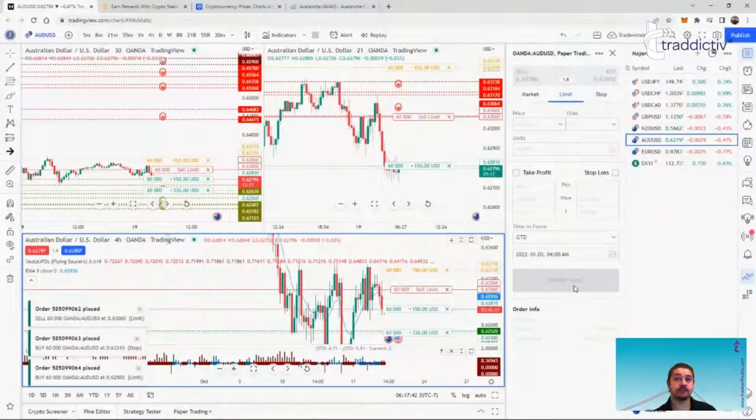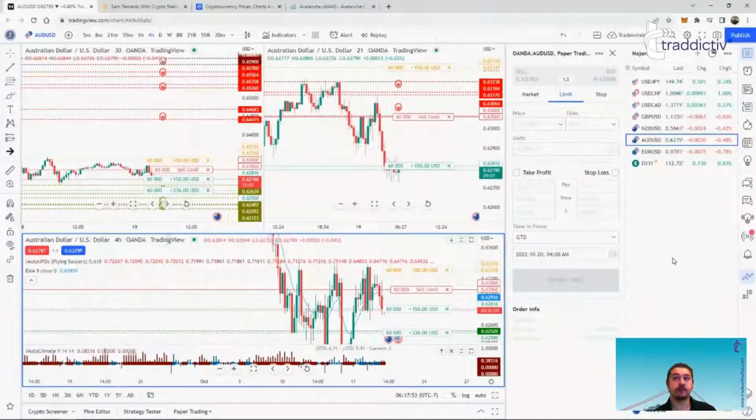So we're going to go ahead and hit sell again, and there it is, 62.52, 62.50. Yep, perfect.